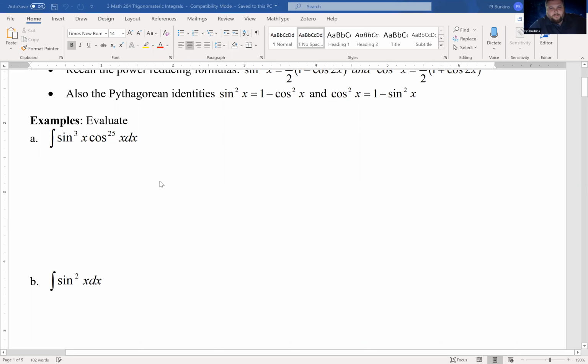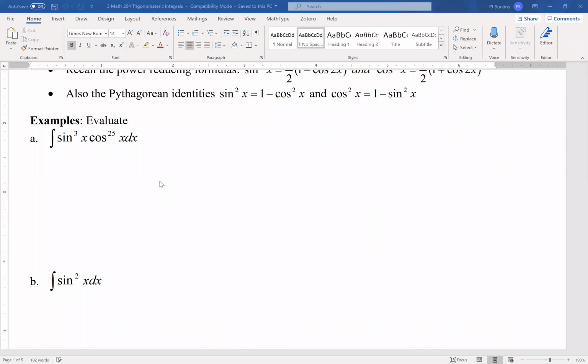It says cosine of 25x times sine cubed dx. Now you can choose to let u equal one or the other, but there is one that is a much better choice. Any idea what that might be in this case? I would say to let sine equal u.